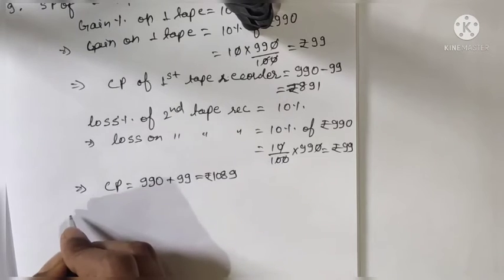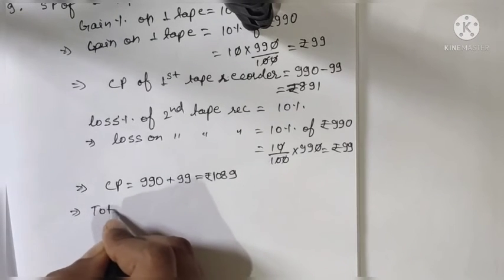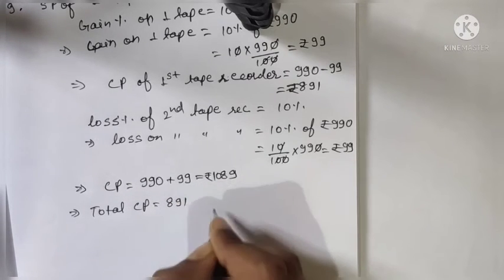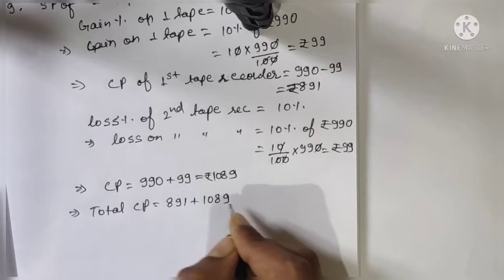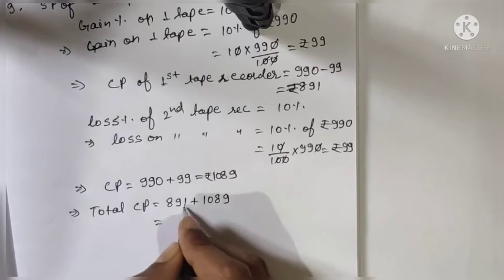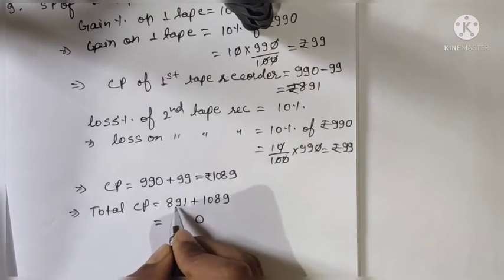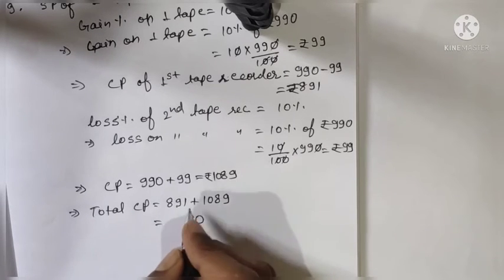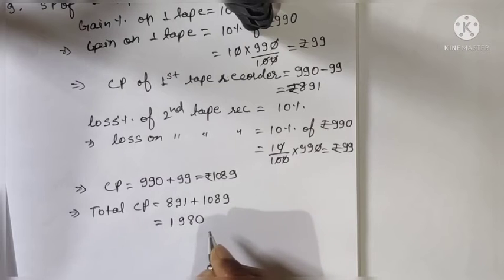Easy. That implies total CP is equal to 891 plus 1089. That becomes 9 plus 1 is 10, 1 carry, 8 plus 9 is 17, 17 plus 1 is 18, again 1 carry, 8 plus 1 is 9, so 1980.